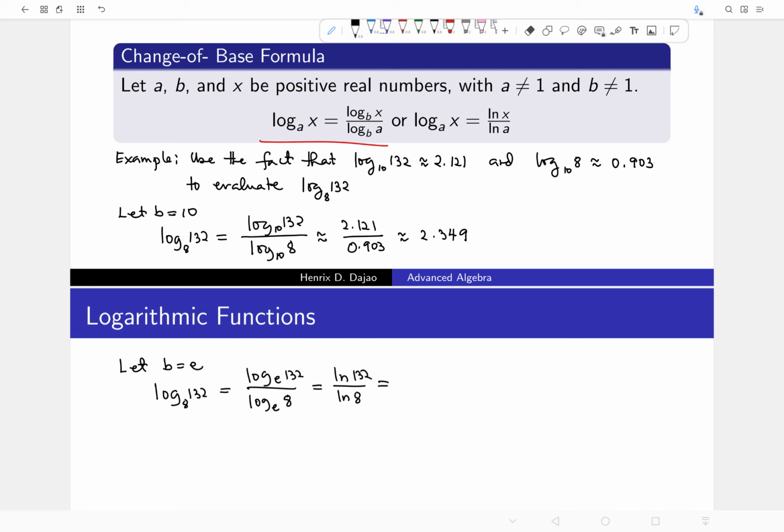So calculate ln 132. That is approximately equal to 4.883.